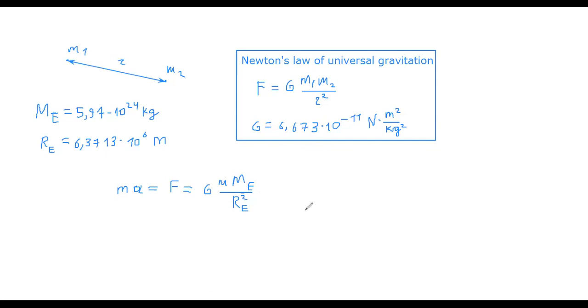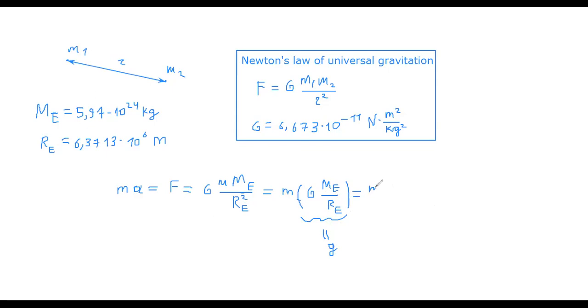And we can write this in another way. M multiplied by G M E divided by R E, and we can make a summation is equal to g.